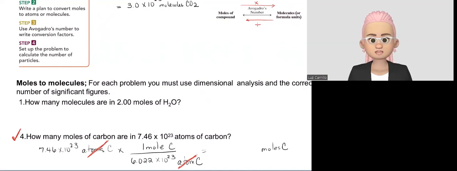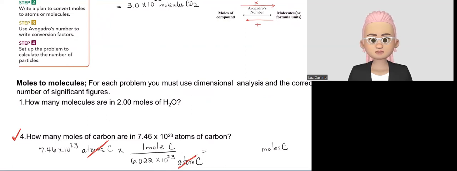And when I divide these 2 values, 7.46 times 10 to the 23rd, divided by Avogadro's number, 6.022 times 10 to the 23rd, I observe that my calculator display is 1.23879, and there's more digits there.